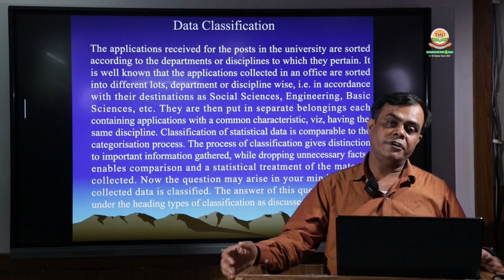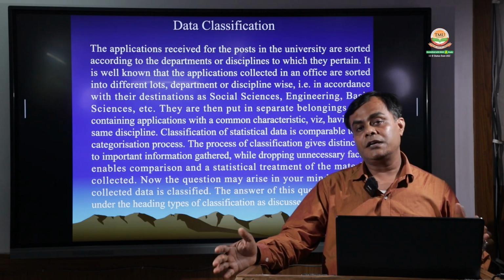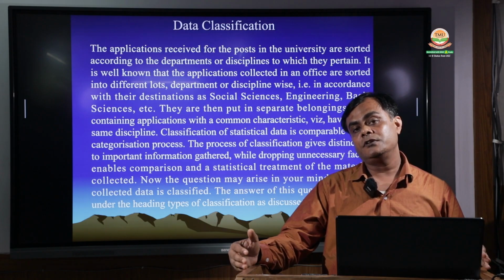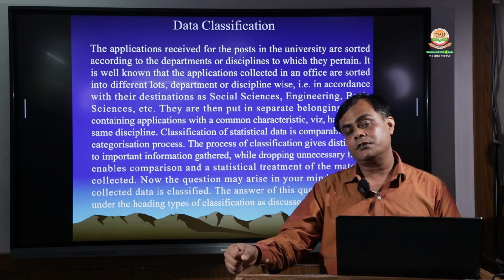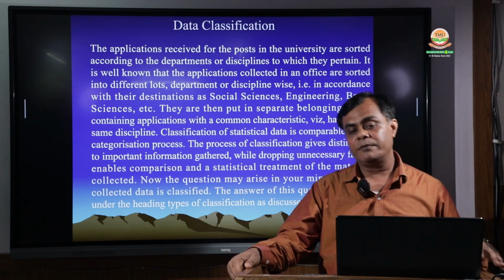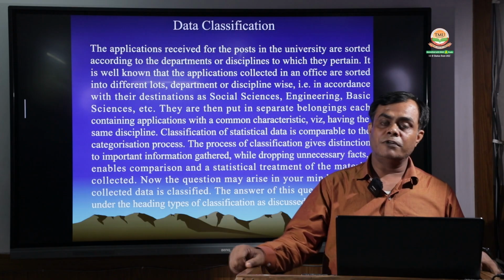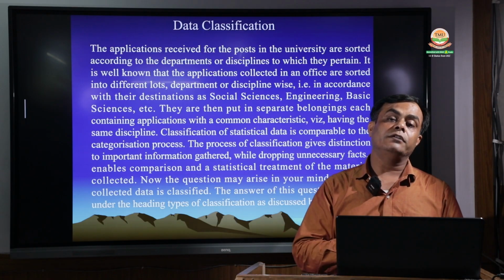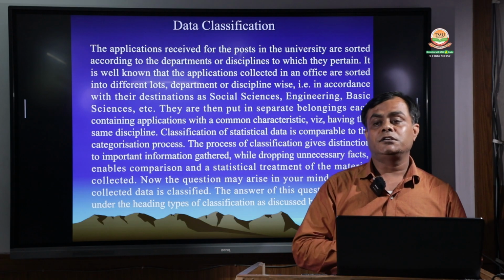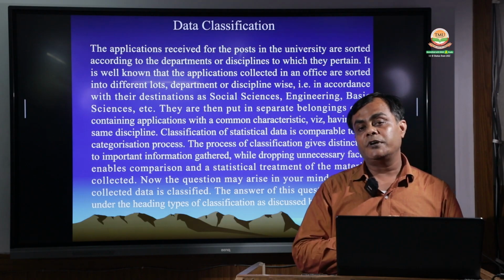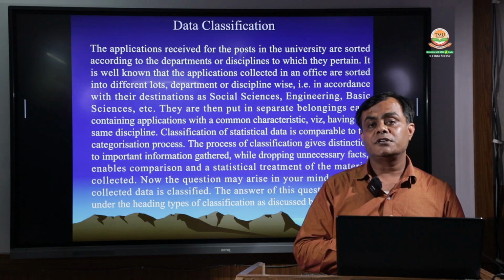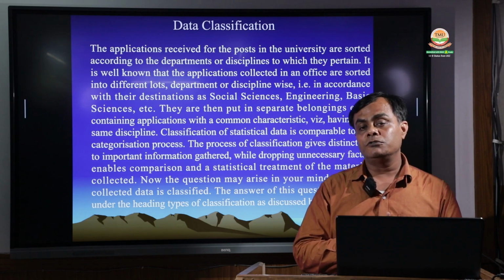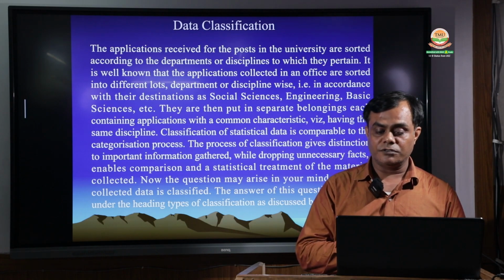So classification is categorization of the data as per the requirement, as per the need. Whatever confusion is in your mind, we are going to sort out what classification actually is and what you understand by classification.